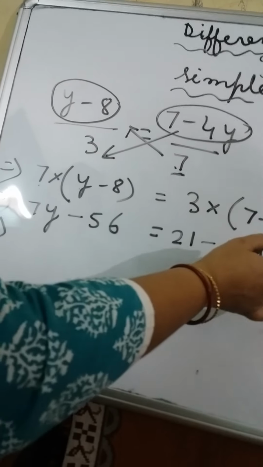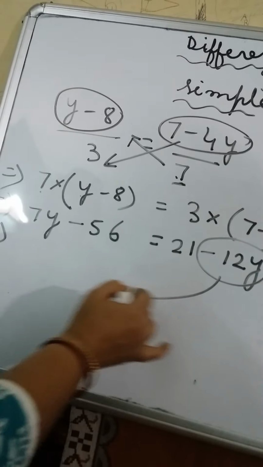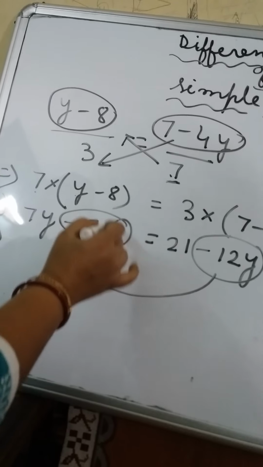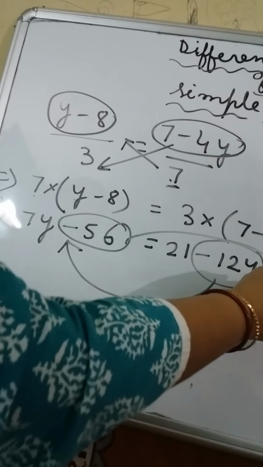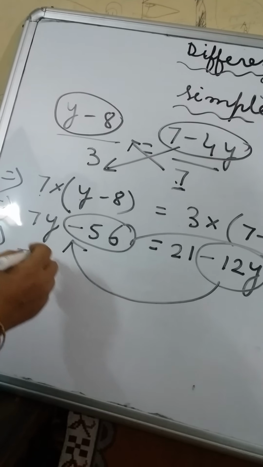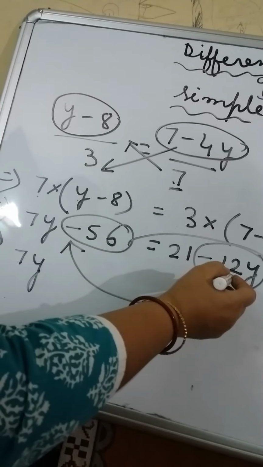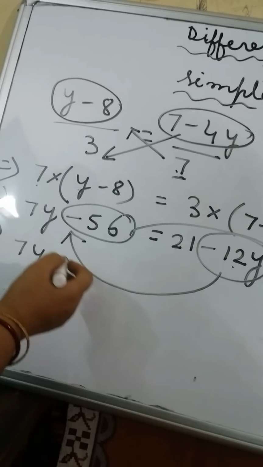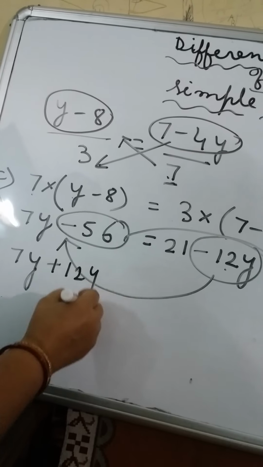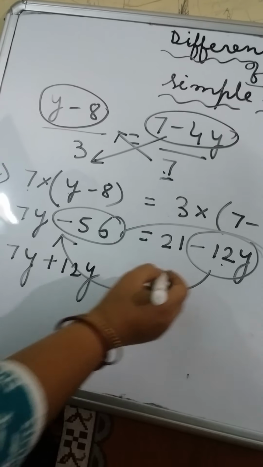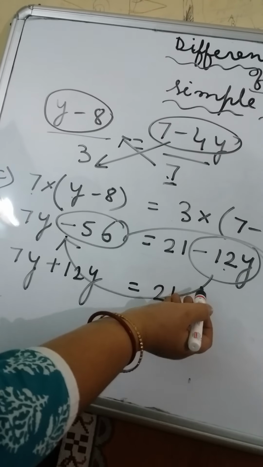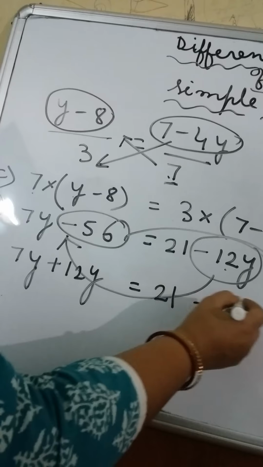So minus 12y should be transposed to the left hand side and minus 56 will be transposed to the right hand side. So in the next step, 7y will remain as it is. Minus 12y, when transposed to the left hand side, becomes plus 12y. 21 will remain as it is. Minus 56, when transposed to the right hand side, becomes plus 56.